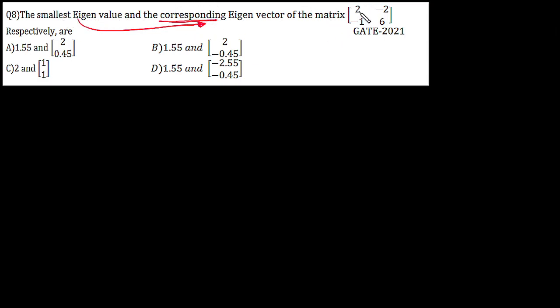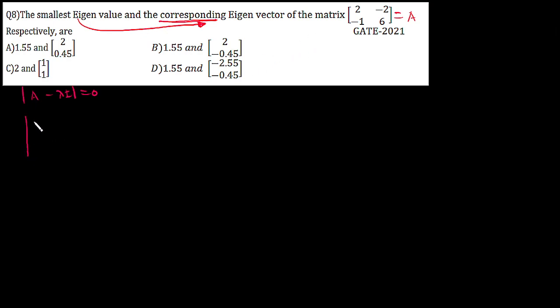Now to find the eigenvalues for this matrix, we first make the characteristic equation, and from that characteristic equation we can find the roots. Let's call this matrix A. Simply A minus lambda I, and we equate this determinant to 0 to find the characteristic equation.